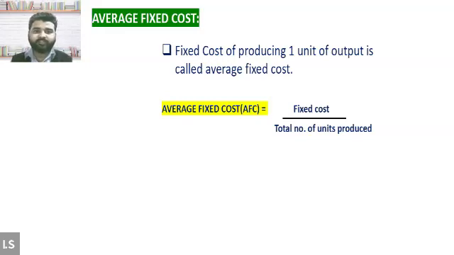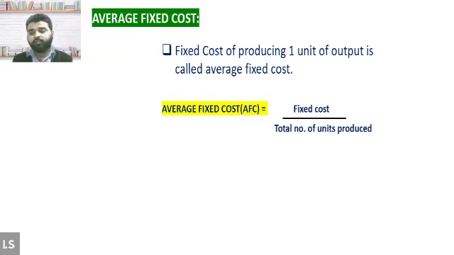Now, one of the tendencies of average fixed cost is that as we produce more quantity of output, average fixed cost tends to fall with the increase in output. As the producer produces more quantity, average fixed cost will keep on declining. Just opposite of the fixed cost.